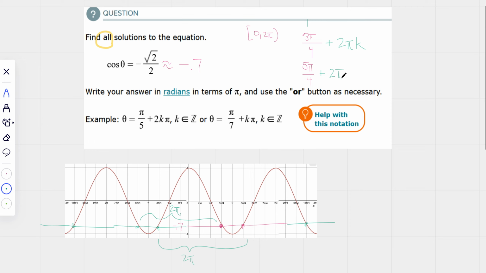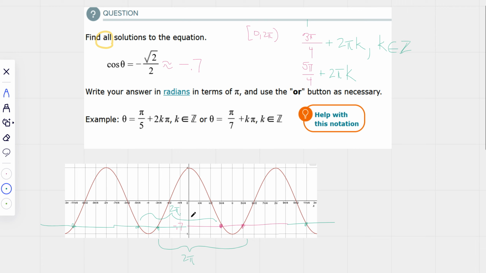And k is an element of the integers, so that's what that means. K is an element of this funky Z, which means the set of all the integers. That means I can multiply this k value by any integer and I'm going to get a solution.